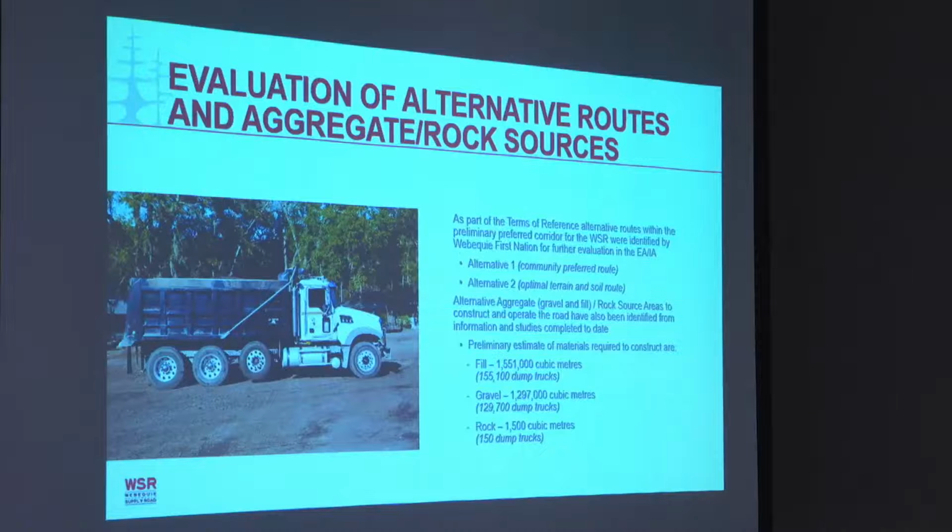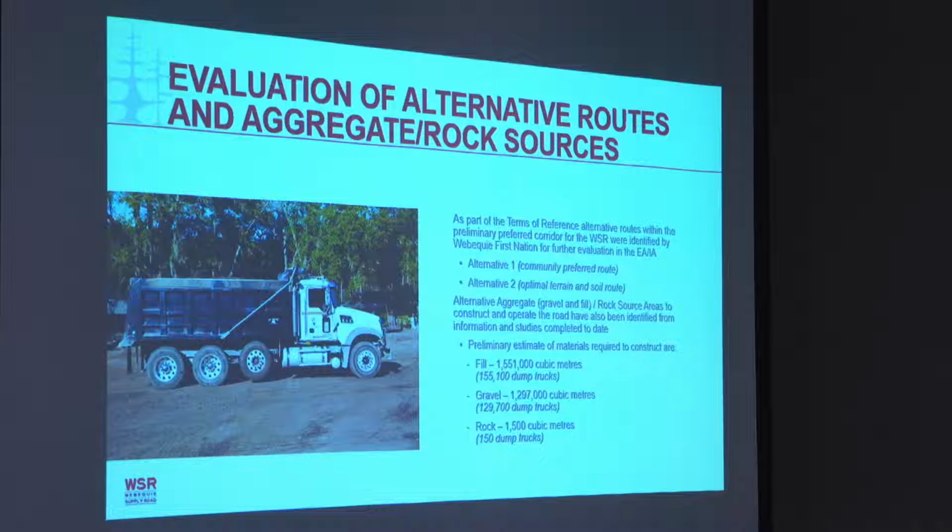Now we get to consideration and evaluation of alternatives. So right now there's two alternative routes. The community has spent a lot of time and they have come up with a preferred route. And this was done over a number of years, internal community meetings.